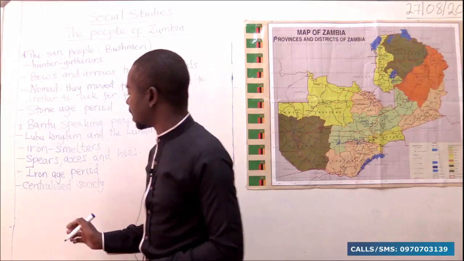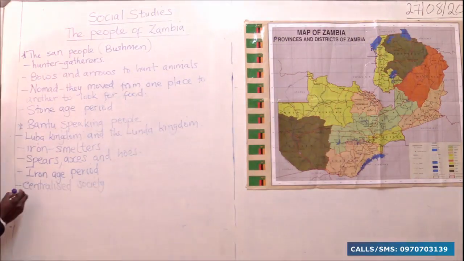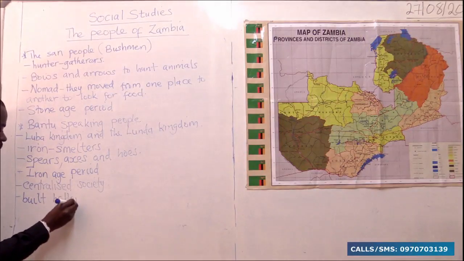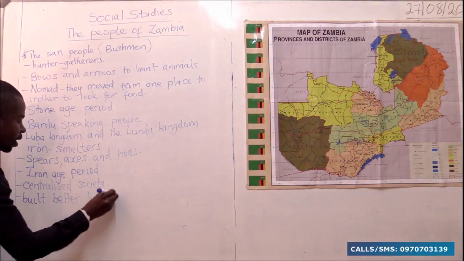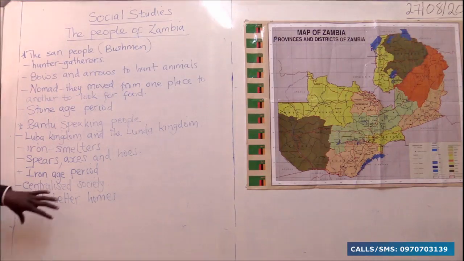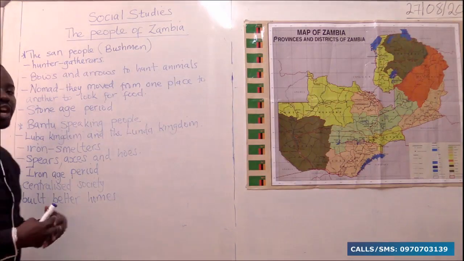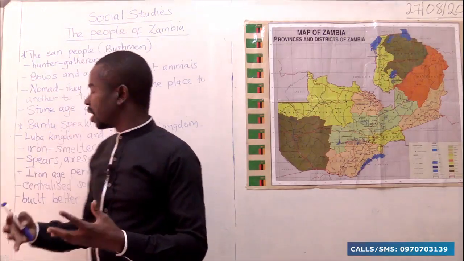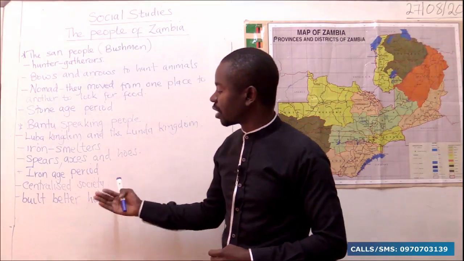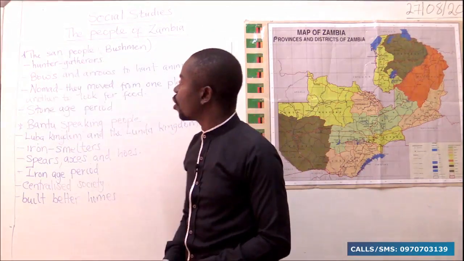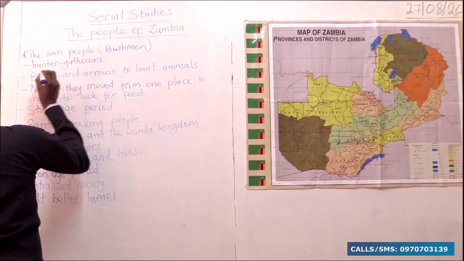The other point is that the Bantu-speaking people built better homes compared to the San people. They built homes using mud and what are known as thatched houses, while the San people used to live in caves.